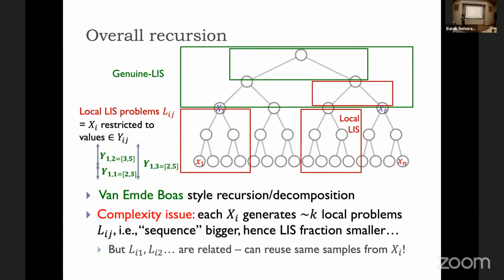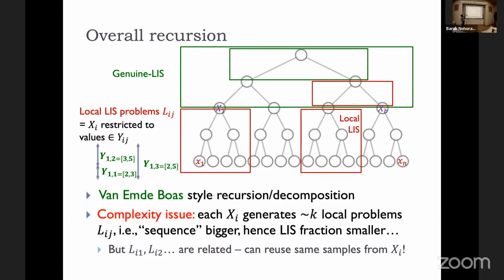The issue is that this adds a factor of k in the sample complexity and the runtime. So this is bad. Just as is, we do not get the plain sample complexity.